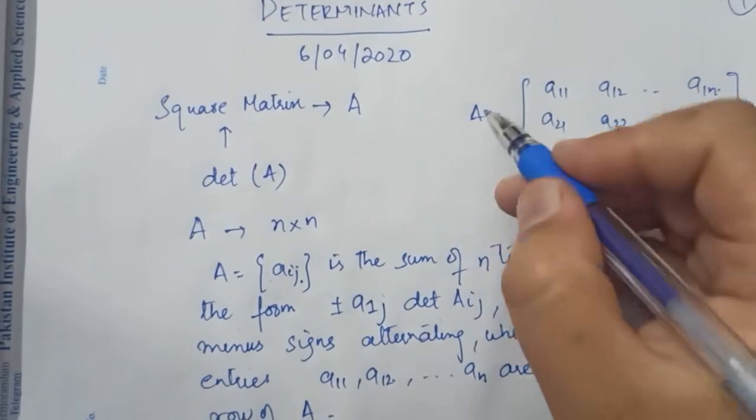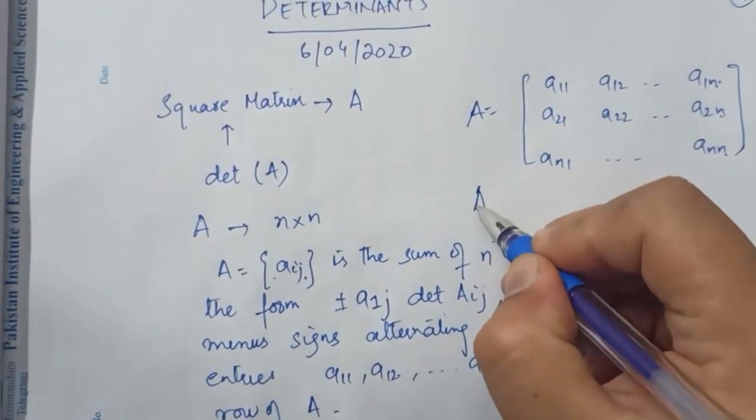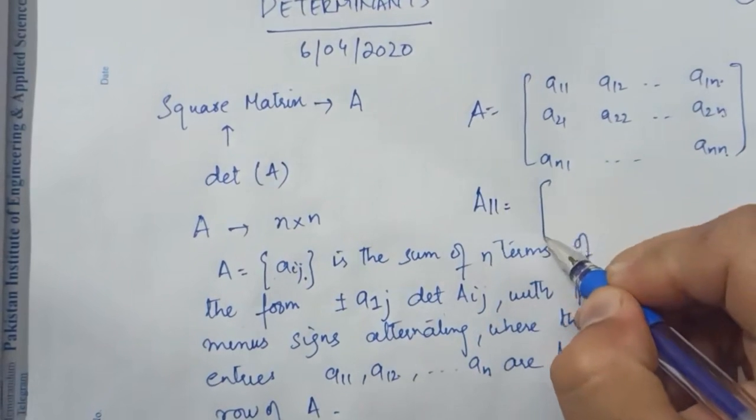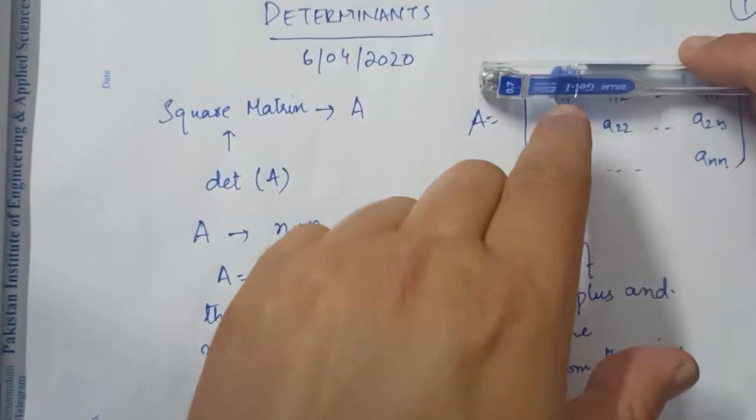Similarly, the matrix A11 is what you get by deleting the first row and the first column.